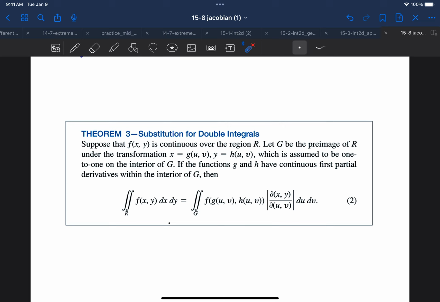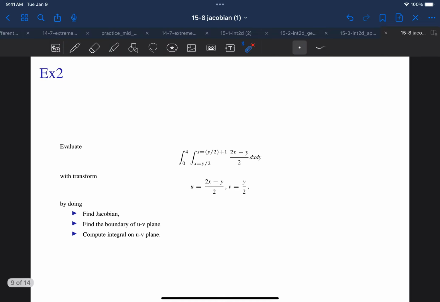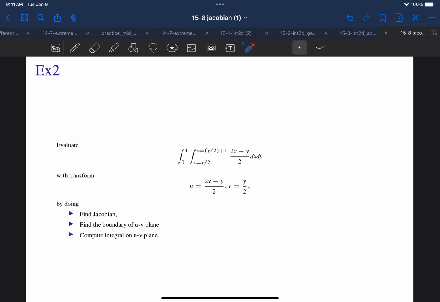Another key point is that after substitution, what shape of G can be expected from R. This is another thing we want to work on for every substitution.